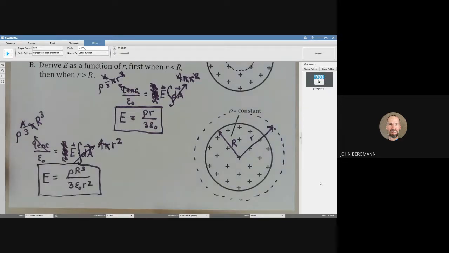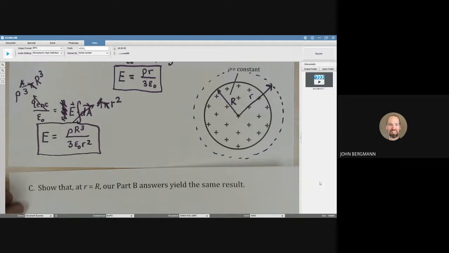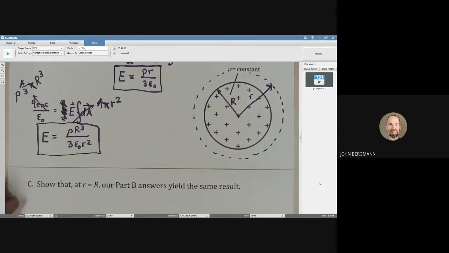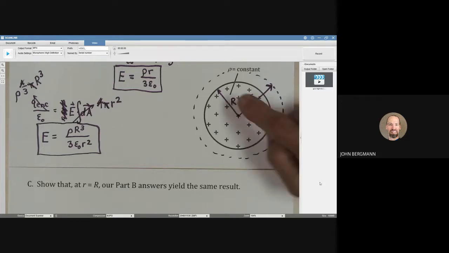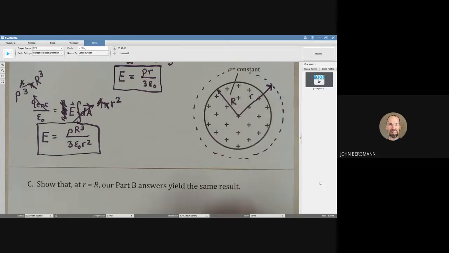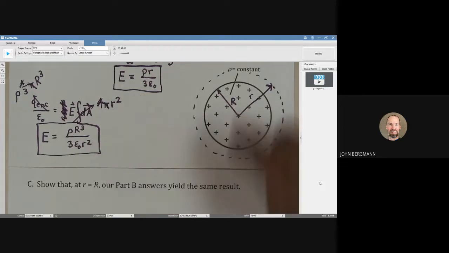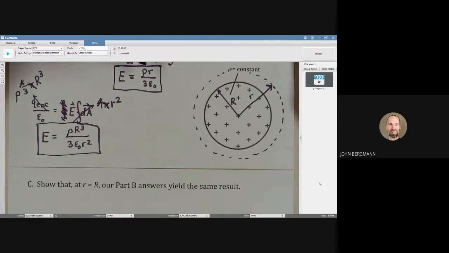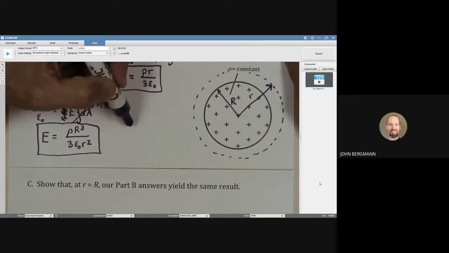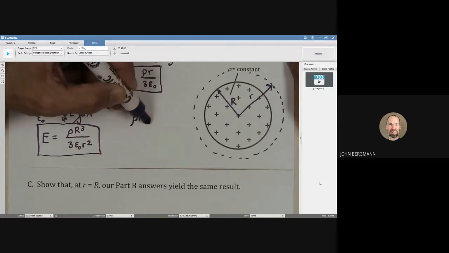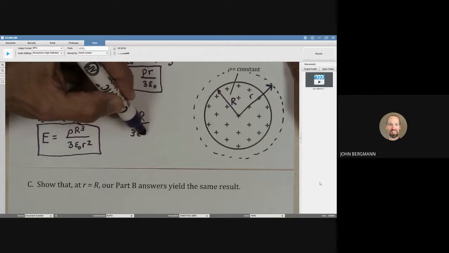All right, the next part, at the bottom of your screen, says to show that when little r equals big R, the part B answers yield the same result. So right at the surface, if we did this correctly, these two should give us the same answer. If I put big R into this top equation, we get rho times big R over 3 epsilon naught.